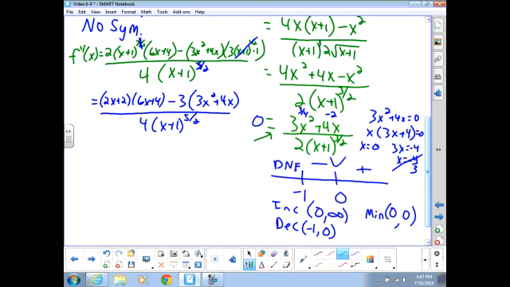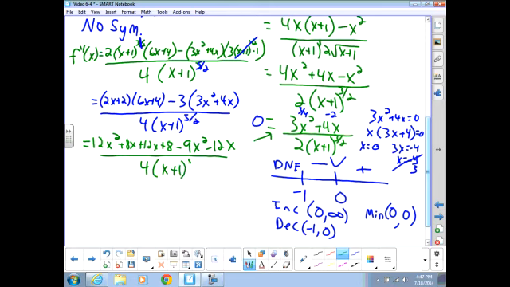And to neaten this up, we've got to FOIL the left-hand thing in the numerator. So we'll get 12x squared plus 8x plus 12x plus 8. We'll distribute the negative 3 to get negative 9x squared minus 12x, all over 4 times (x plus 1) to the 5 halves.